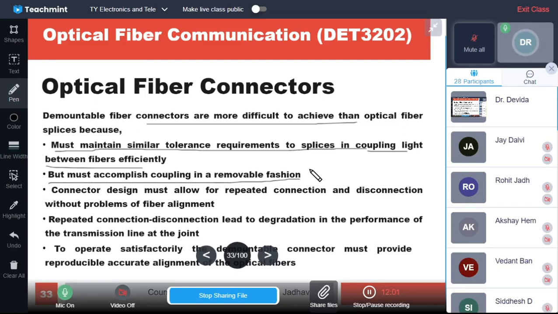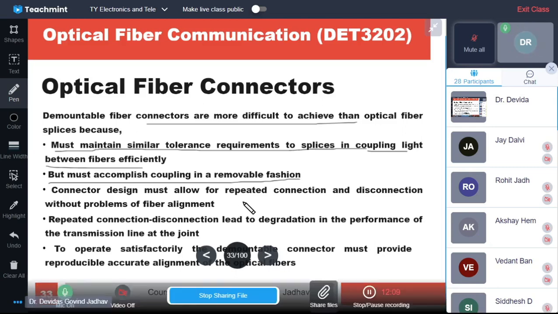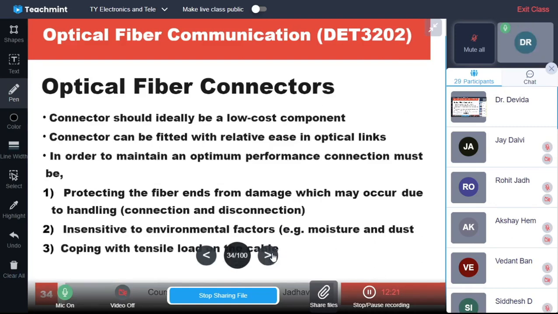They are frequently dismantled, connected and disconnected, and at the same time the tolerance must be maintained. The connector design must allow repeated connection and disconnection. Repeated connection and disconnection leads to degradation of the performance and of the fiber also. So these are the problems.